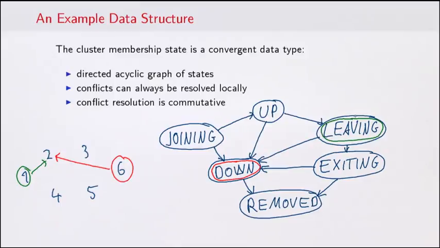And the second one is that conflict resolution is commutative. So it does not matter whether you learn this first or that. The merge result will always be down in this case. And this is the property which makes the cluster communication eventually converge, even if conflicting information was injected at several different points in the cluster.